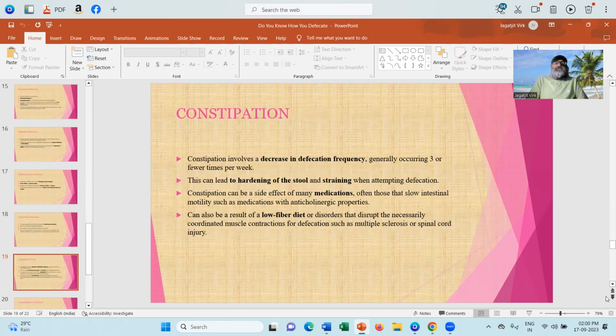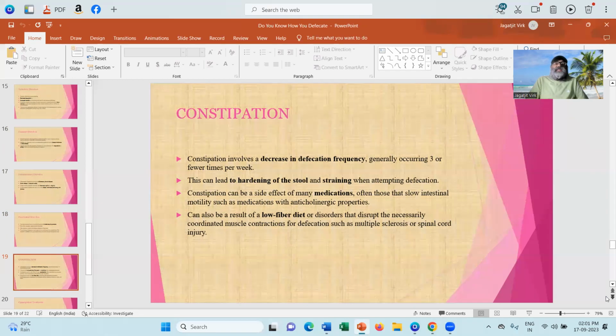Constipation. Constipation involves a decrease in defecation frequency, generally occurring 3 or fewer times per week. This can lead to hardening of the stools and straining when attempting defecation.